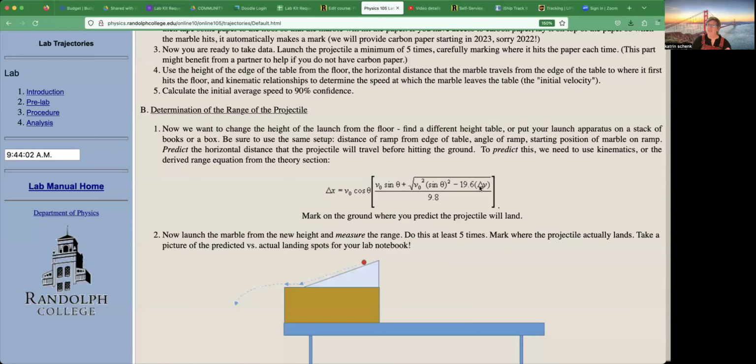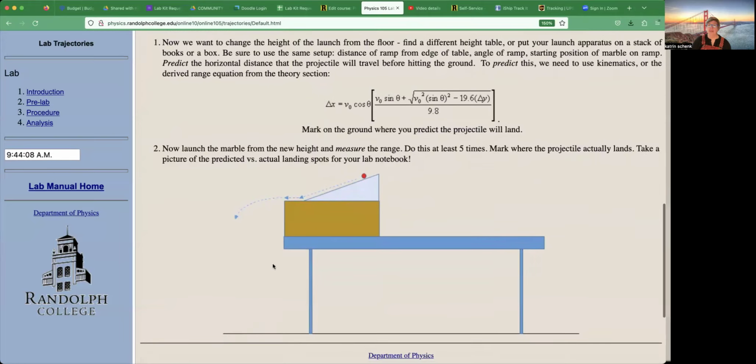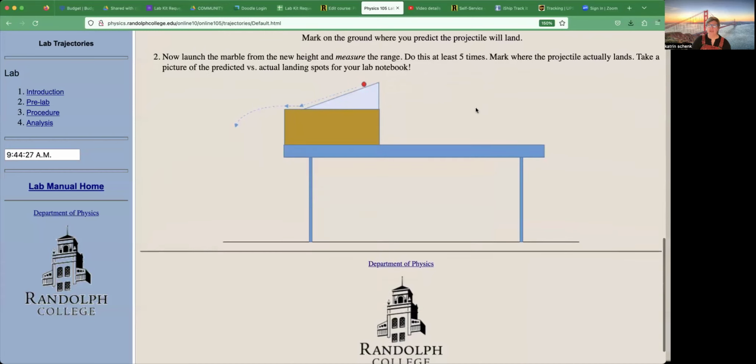Be careful here. Delta y is the final position in y minus the initial position. It's going to be negative, so you can just ignore this negative sign, and this delta y is just the height of the table. So it's a very simple equation. It's very similar to the one you used already to calculate V naught.